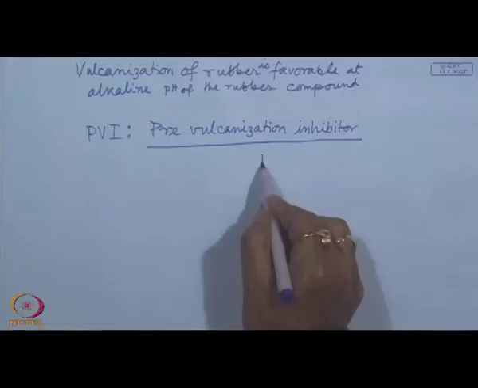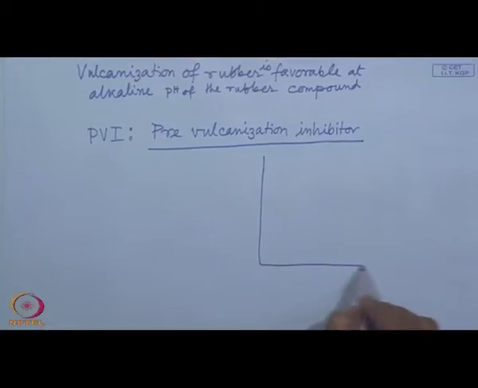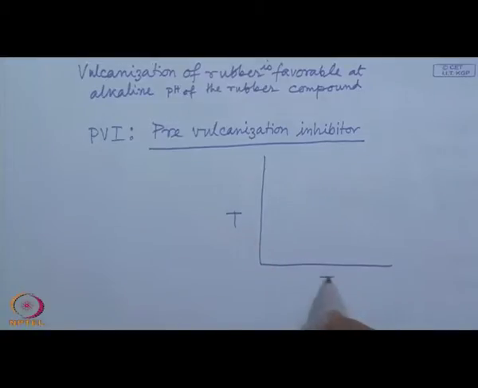Now, in order to increase the productivity of a rubber product, sometimes high speed accelerators, that means fast accelerators, are used. What happens? They produce a cure profile, a torque-time profile, like this, for a very fast accelerator.